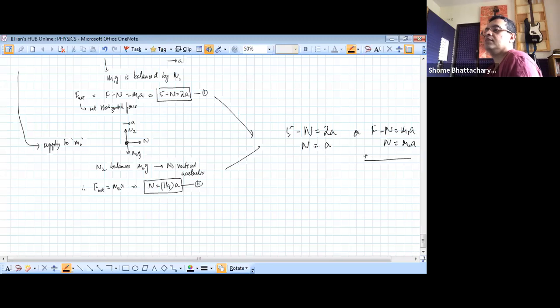So if you just add these two equations, you have F is equal to M1 plus M2 times a, or acceleration is equal to F upon M1 plus M2, which here will become 5 by 3 meters per second square. And then substitute this back in the second equation.